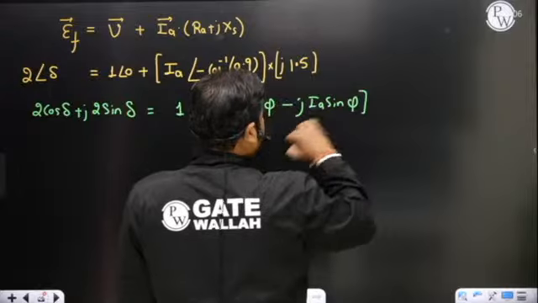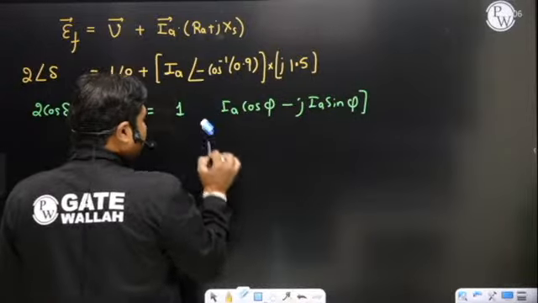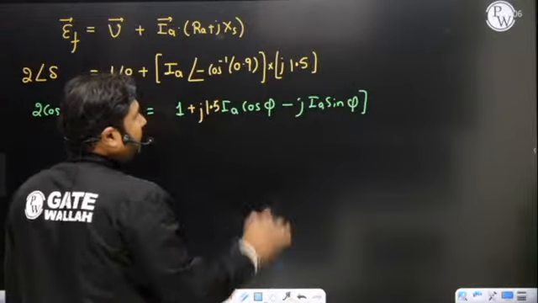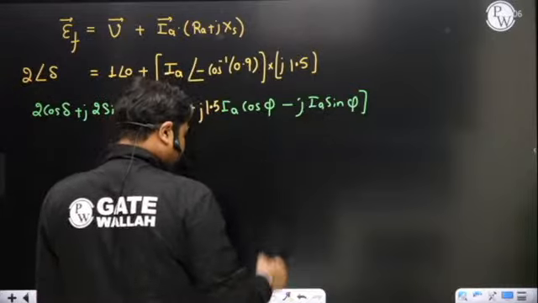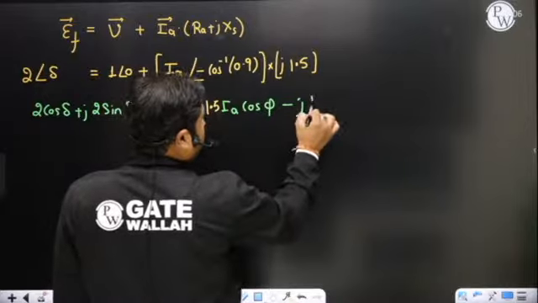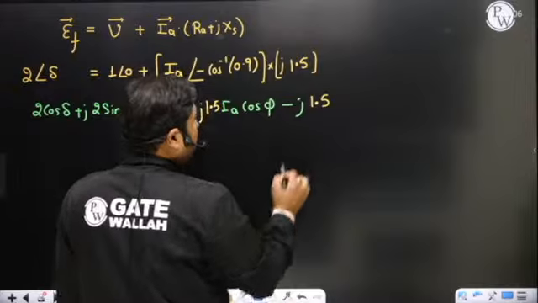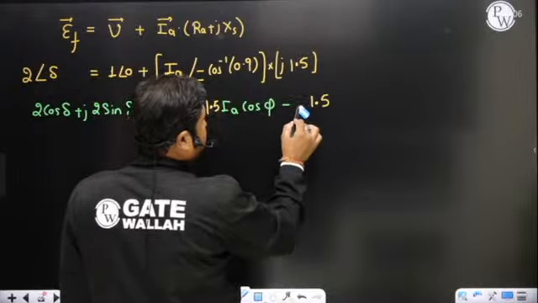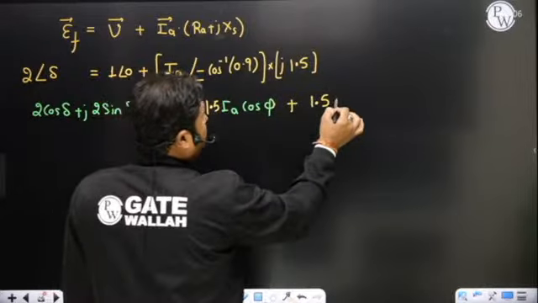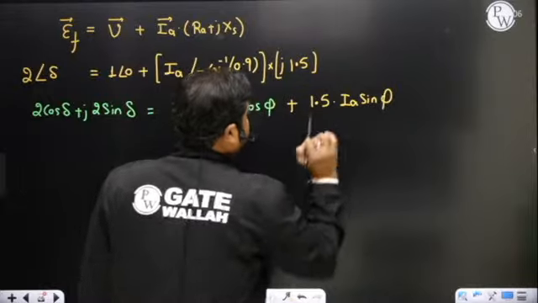So when I multiply it by j 1.5, j and j will become j square, and j square is minus 1. Minus and minus will become plus, giving 1.5 IA sine of phi. Can I write it in this way?